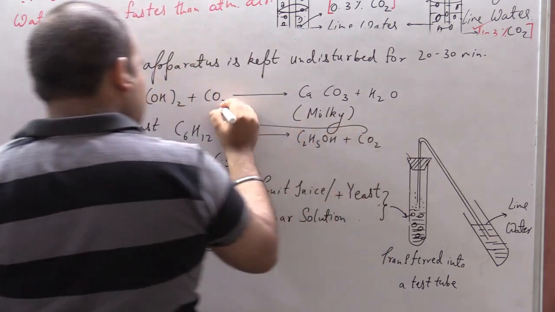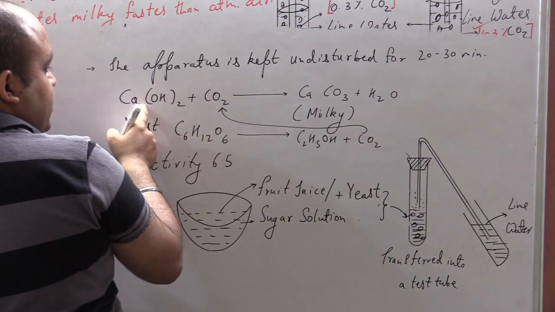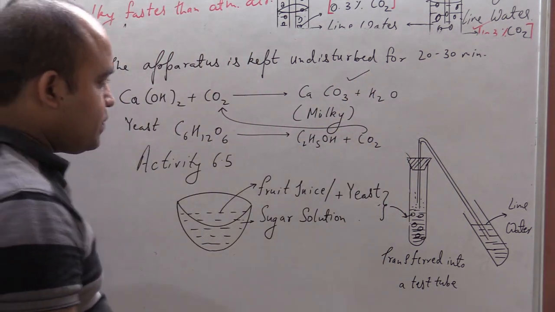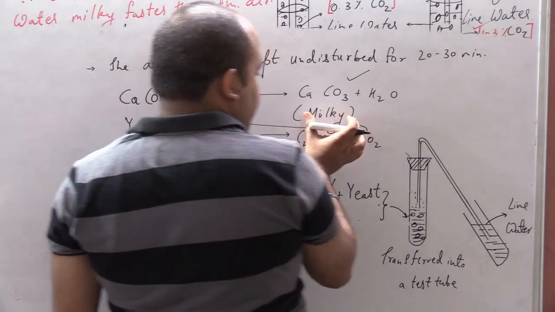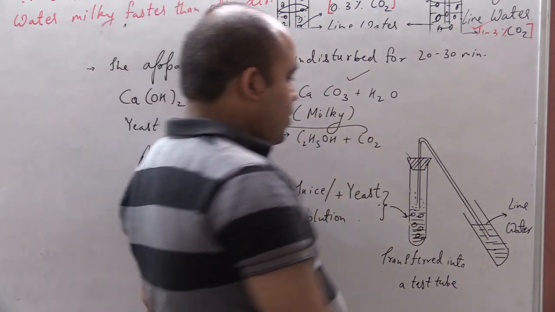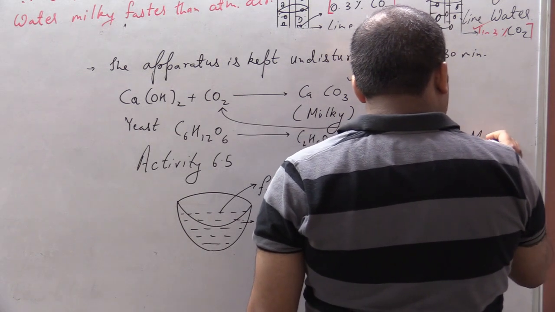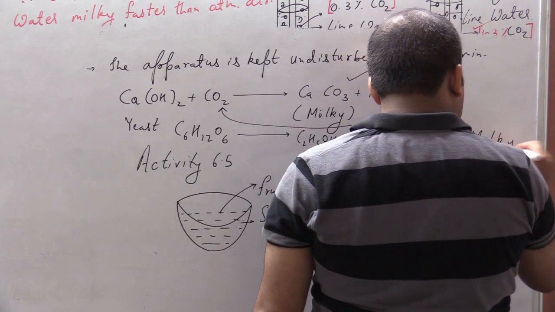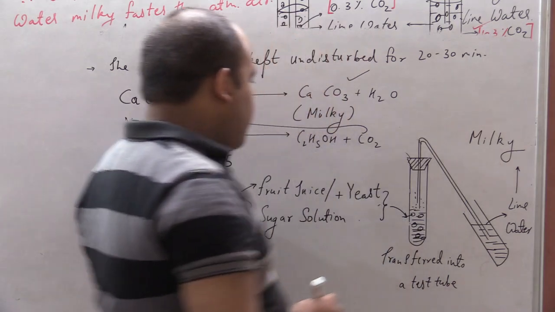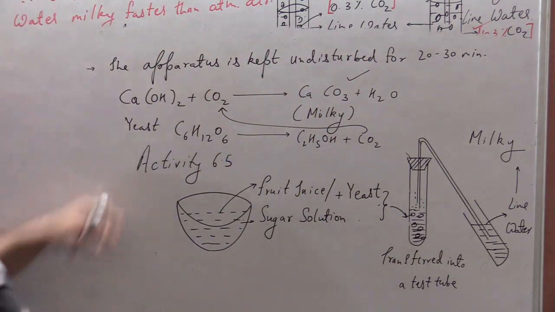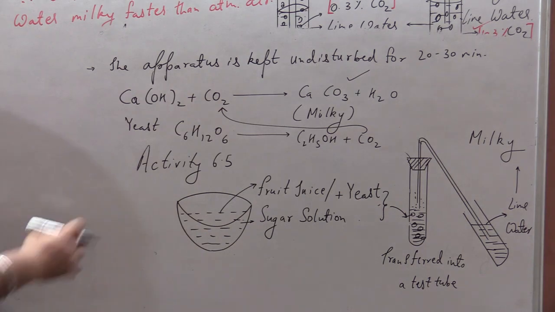This carbon dioxide will react with calcium hydroxide and produce a milky solution, which will cause the lime water to turn milky. Once the lime water turns milky, this indicates that yes, carbon dioxide has been produced in the solution.